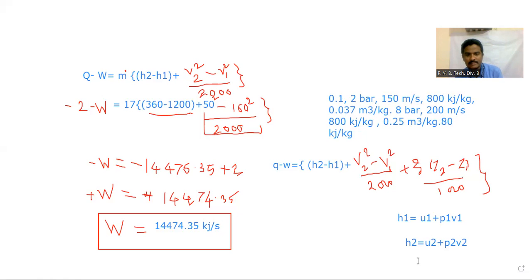The value of Q is given as 80, put it as it is. Initial velocity v1 and v2 are known. The g value is 9.81. Z1 is 0 and Z2 is 60 meter. Once you substitute the values, tell me the final answer.